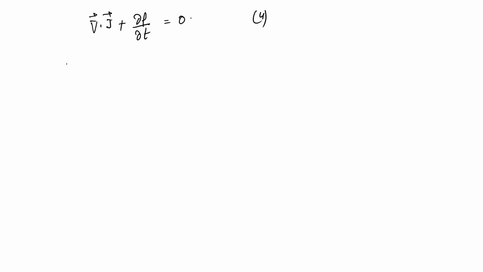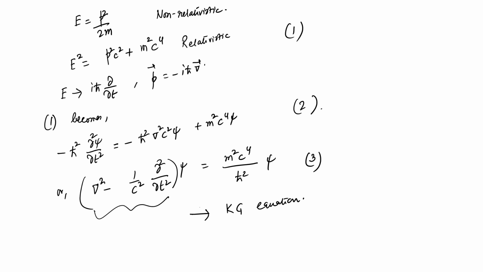So, to find rho and j, what we do is that we take equation number 3, multiply this by psi star, and then take the conjugate of this equation, multiply it by psi, and subtract the two. This technique has been applied in the non-relativistic case as well to prove the continuity equation.